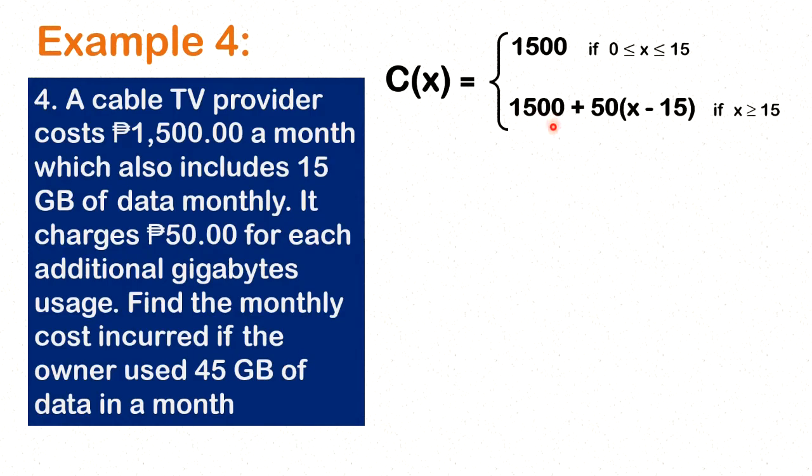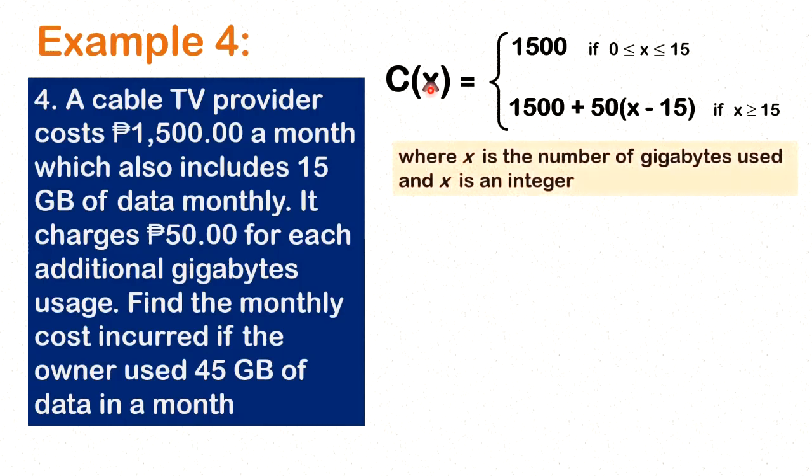Okay, 1,500 plus 50, ito yung charge, times itong x minus 15, ito yung number of gigabytes na lumagpas doon sa 15 na kasama doon sa plan. Okay, monthly. Alright, again, x here is the number of gigabytes used and x is an integer. So, ang hinahanap natin dito, the monthly cost kapag 45 gig in a month ang nagamit.